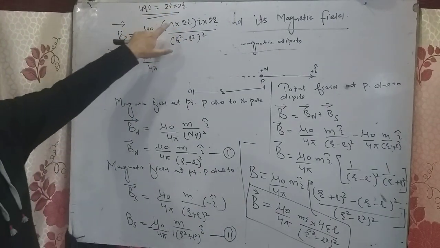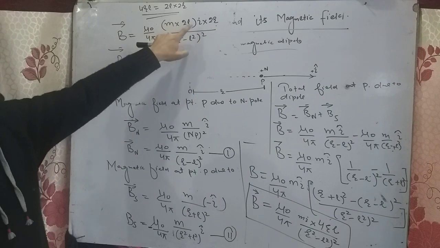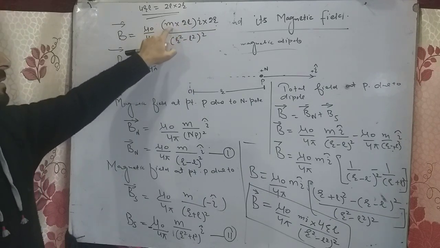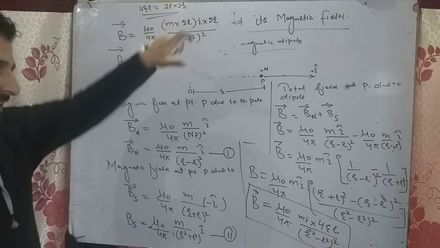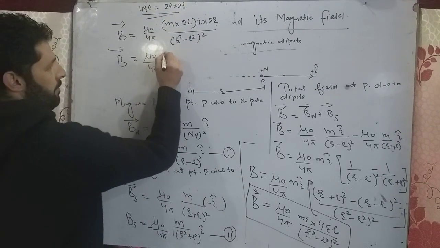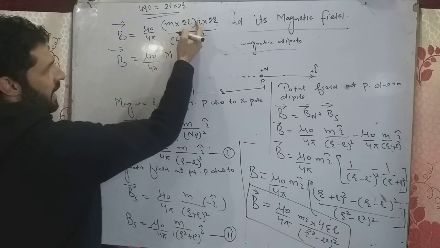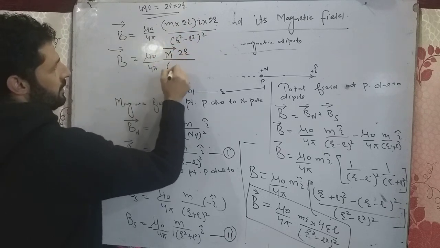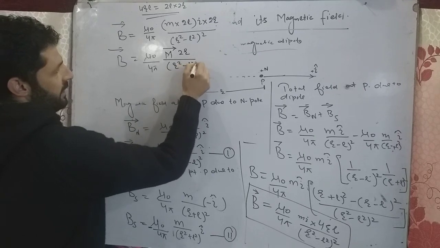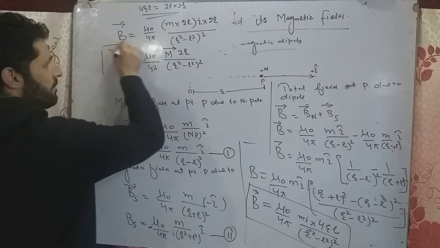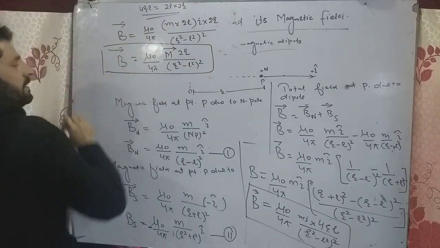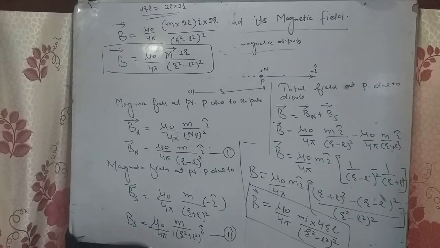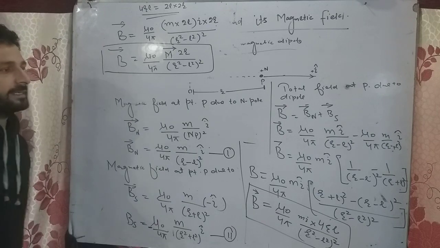So mu 0 by 4 pi, and m I cap I placed here, m into 2l is now the magnetic dipole moment, that's capital M, and I cap, vector M. So this is m with I cap, vector, 2r divided by r square minus L square whole square. This is the magnetic field at the axial line of a magnetic dipole.